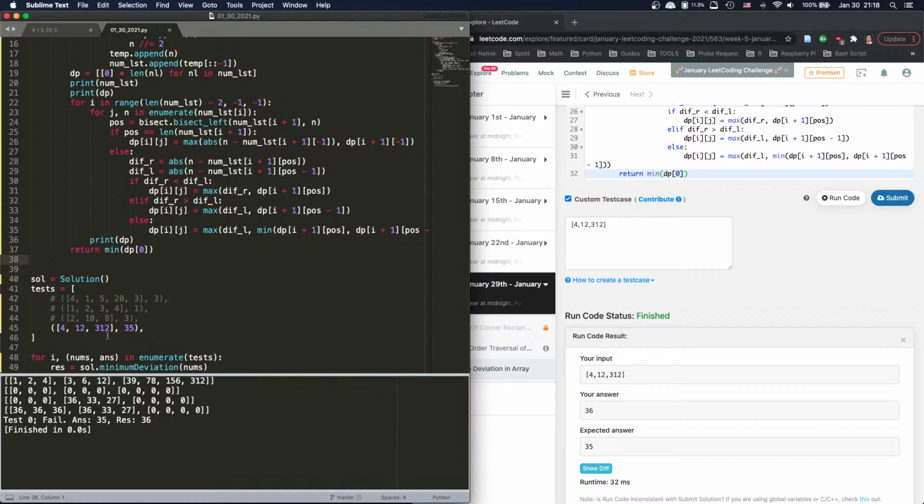So this is the original value. We know the biggest is at the end, right? So for each one, we kind of need to see which one to pick. So I pick 3, I pick 6.